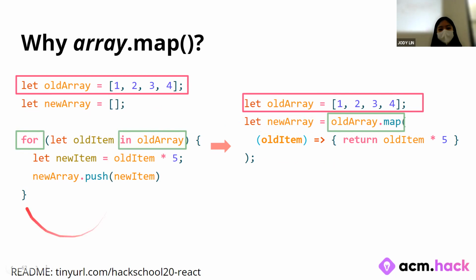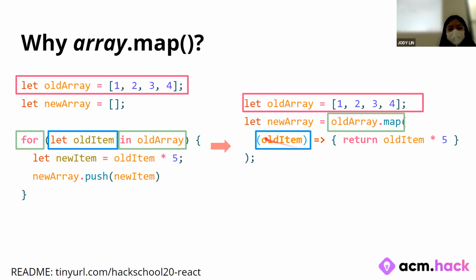In the for loop version, we just do for, I wrote in, that should also be of, my bad, for old array right here. And in the map version, it's just old array.map. And then the item of the old array for each iteration, in the for loop this is just let old item. And in this new map syntax, it's just the name of the parameter we pass in.